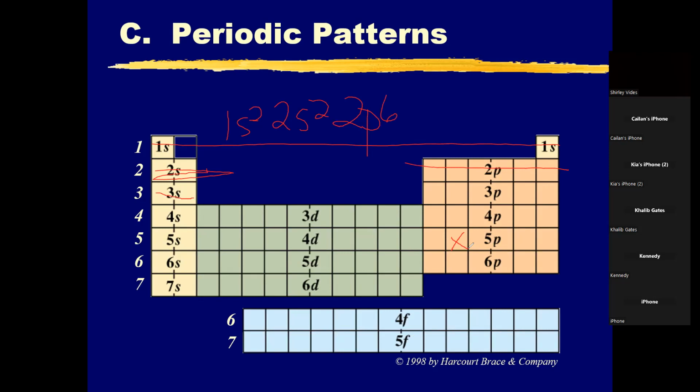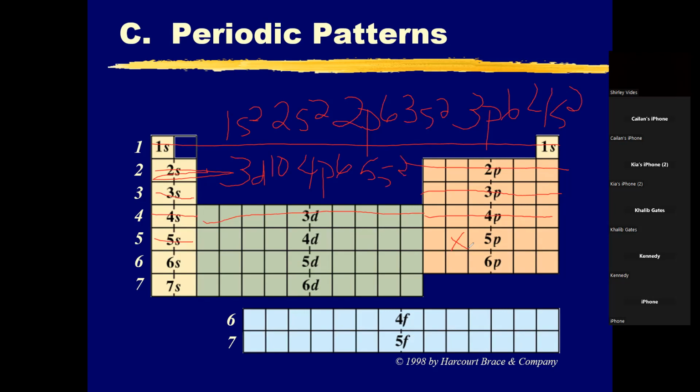And then 3s2. All of these, 3p6. 4s2. 3d10. 4p6, sorry, 4p6. 5s2.